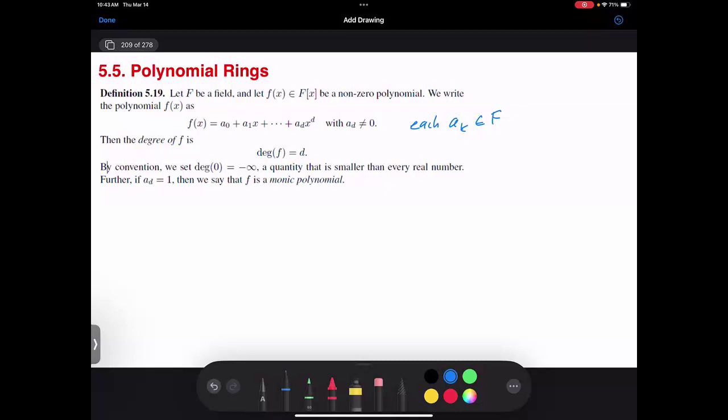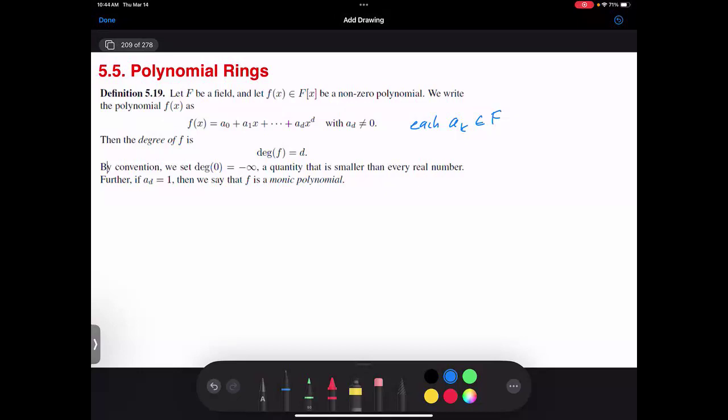I really don't want to do that. I really want to call that a quadratic. So frequently, we want the leading term to be non-zero. By convention, we set the degree of 0, the 0 polynomial, to be negative infinity. It's been a while since we've actually had an infinity involved in our math classes.